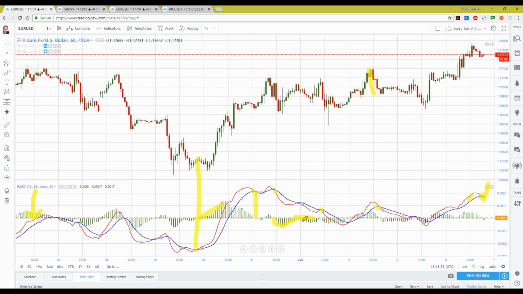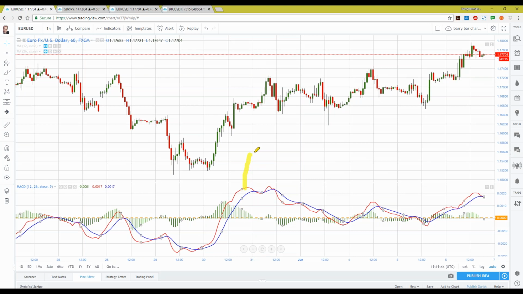Now, also, the depth of the crossover can give us overbought and oversold conditions. So first, before we decide we want to trade from this or how we're going to apply it for our trading, we have to understand what all of these lines are. So right now, we have the MACD line, which is the red line, which is the difference of the 12 period and the 26 period EMA, moving averages from above, subtracted from each other, and that gives us the red MACD line at the bottom.